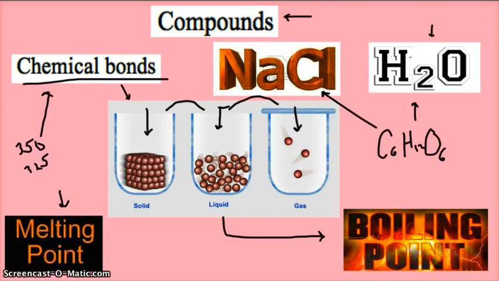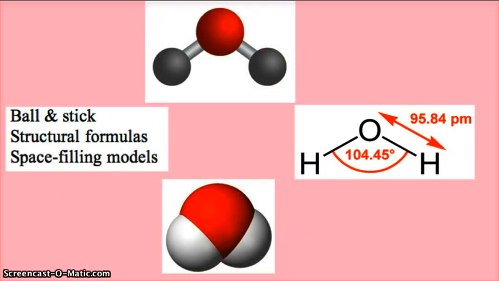Now you're going to end up finding different models of compounds. These are compound models. And you've already seen some in your book. I'm sure you even saw them before you got here. Here is a ball and stick model. Very simplistic. All of these would be the H2O.